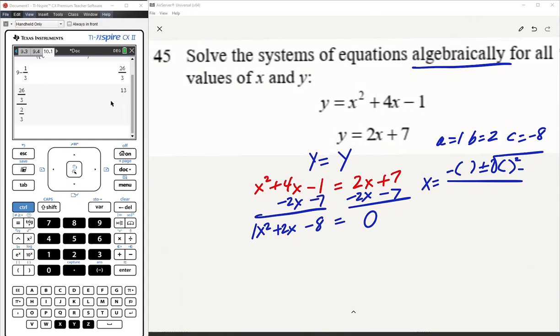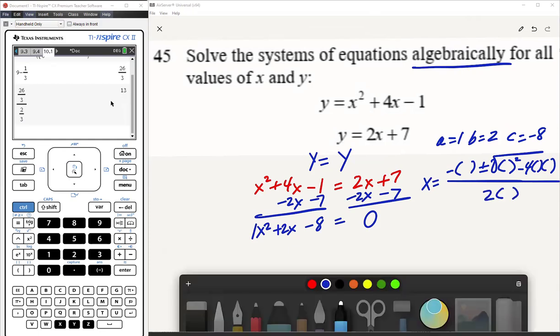So I know this is what I'm going to use. I'm going to go ahead and store the numbers. This is b, this is b, this is a, this is c, and this is a. Right now, what I need to focus on is the b squared minus 4ac.